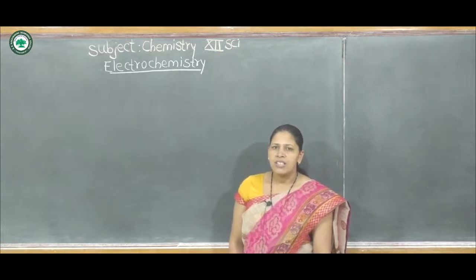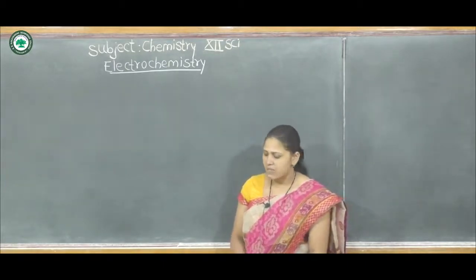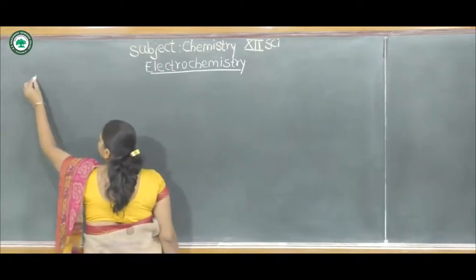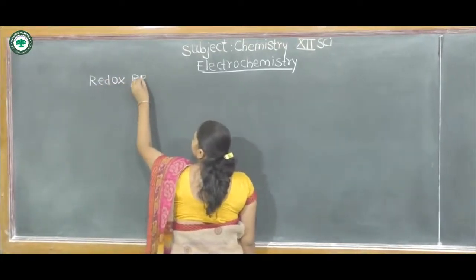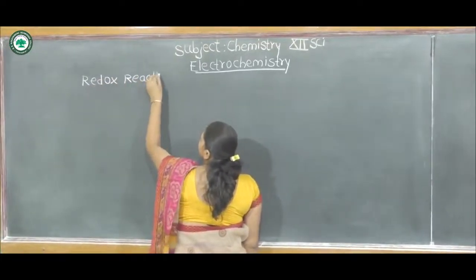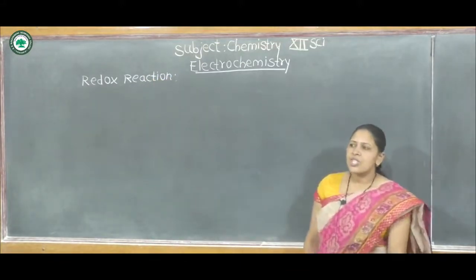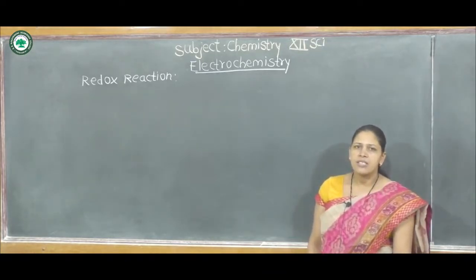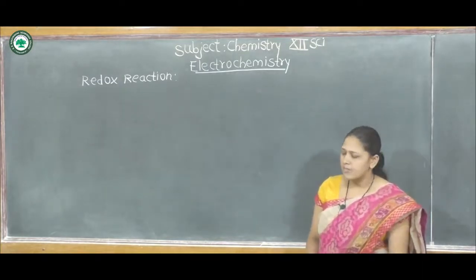In all electrochemical cells, the chemical reactions involved are redox reactions. First, what is meant by redox reaction? A reaction in which oxidation reaction and reduction reaction take place simultaneously is called a redox reaction.